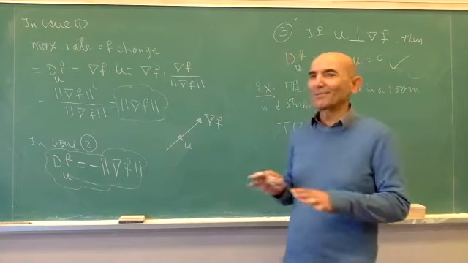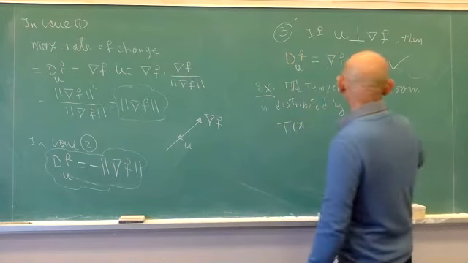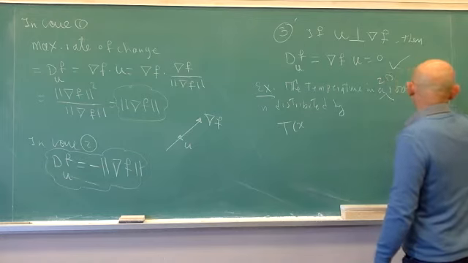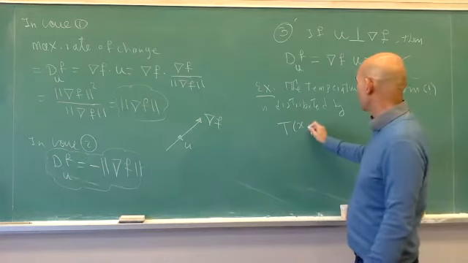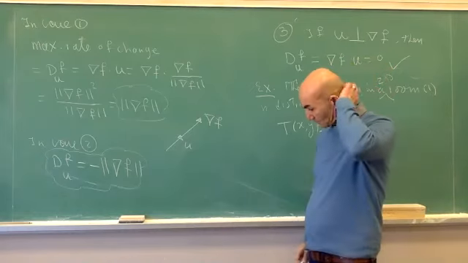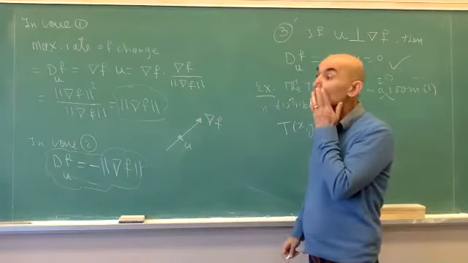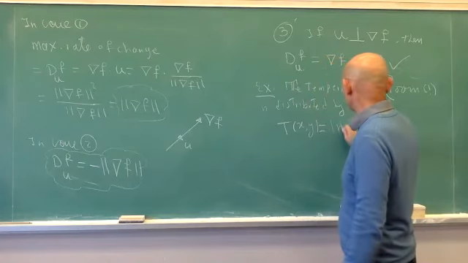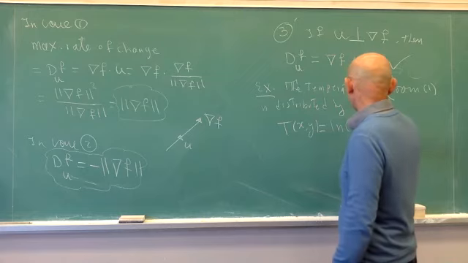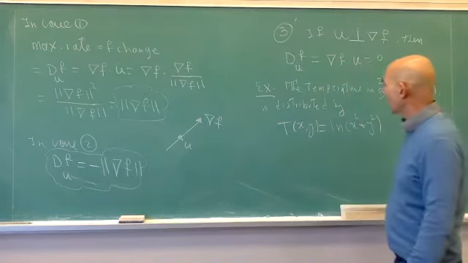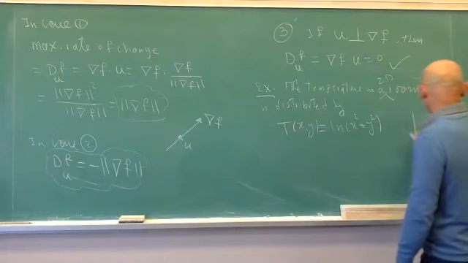It's not a very realistic room. In a 2D room, the temperature is distributed by T of x and y equal to log of x squared plus y squared. Well, this room actually has a puncture in it.